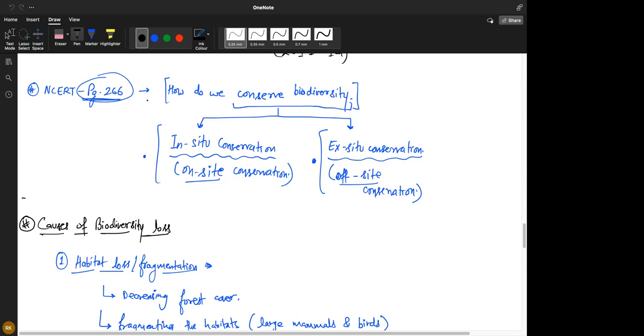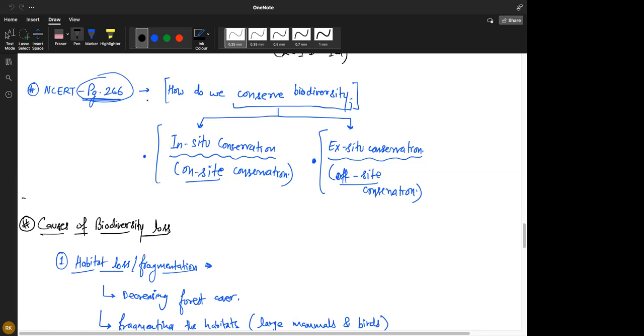For ex situ conservation, it's completely opposite. This is done where some organism or species is so critical in the wild that you are sure that if we leave it in the wild, it won't survive, or it is already endangered or about to become extinct in the wild. So you cannot conserve it in the wild anymore. For that, you can take it out of its ecosystem and conserve it in a separate, very protected environment like zoological parks.